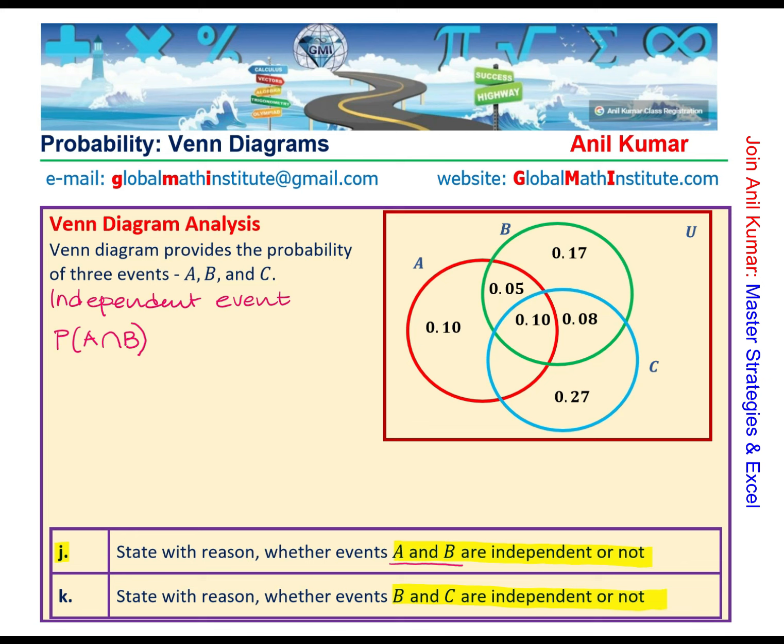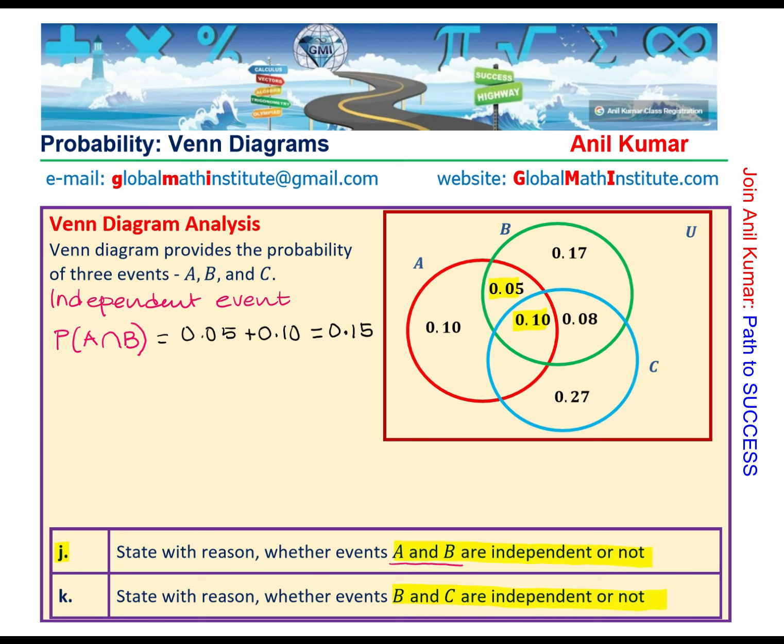That is what we are trying to figure out. Now, from the Venn diagram, the probability is the sum of these two. Correct? So, let's add them. It is 0.05 plus 0.10, which is 0.15.